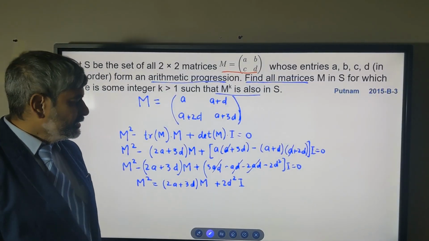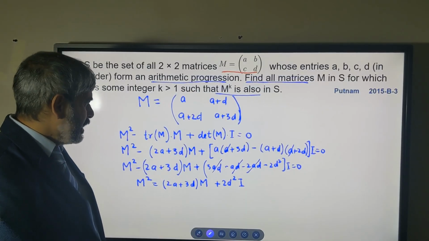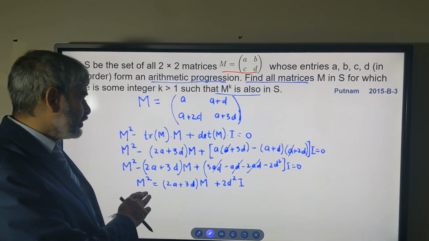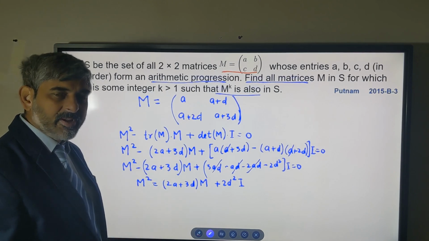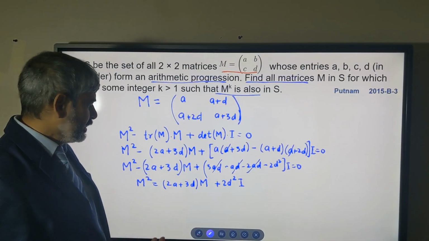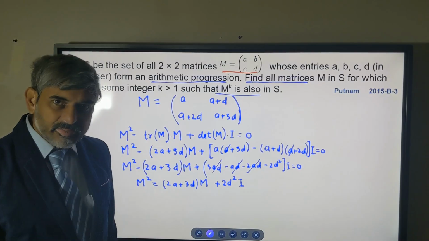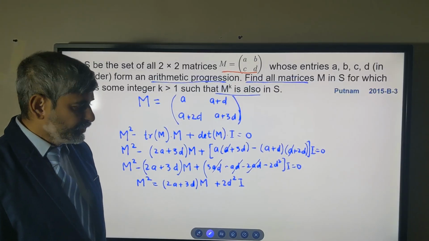What is our kind of an ideal situation if we could express M square as a linear factor of M multiplied by a constant? Then since M is in arithmetic progression, M square will also be in arithmetic progression.